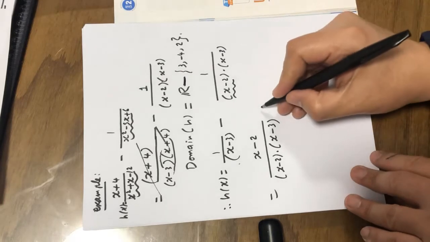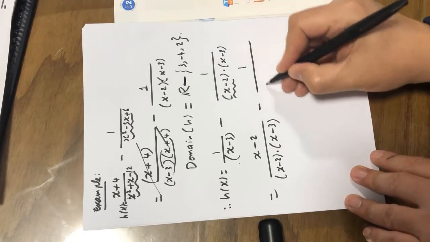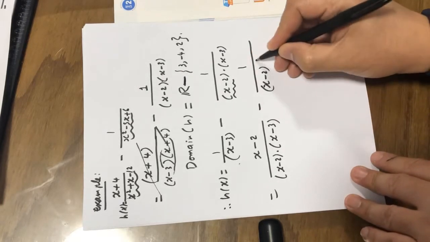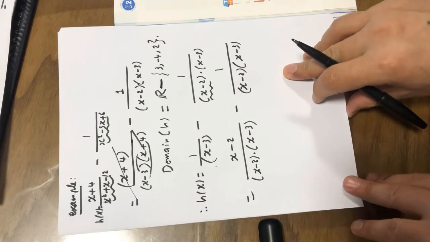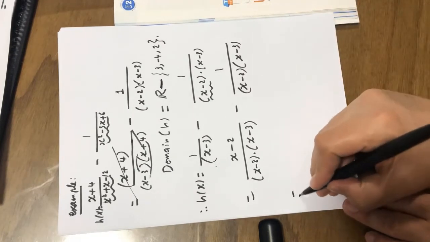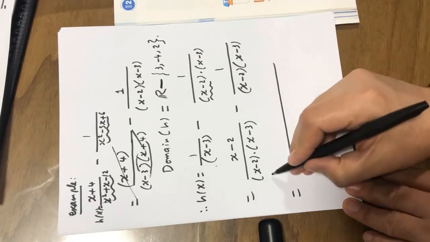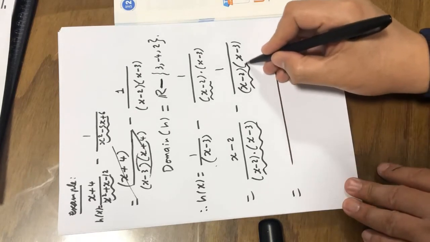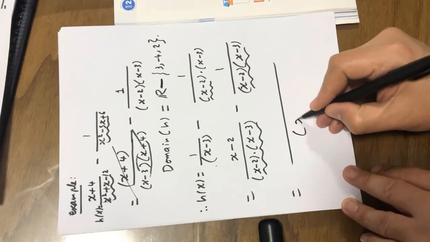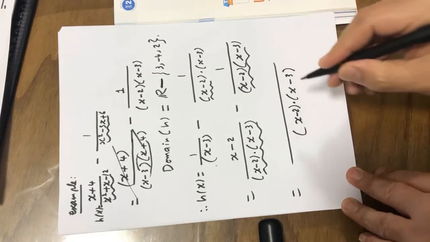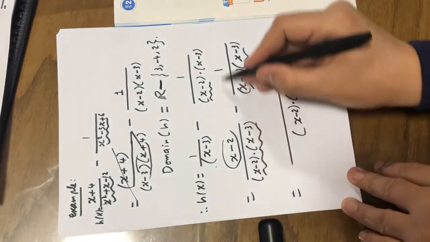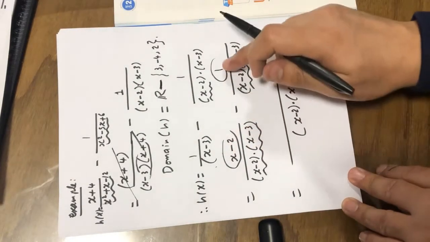Now we have the same denominator, x minus 2 times x minus 3. Now we write down the common denominator once in the resulting denominator, x minus 2 times x minus 3. And here we subtract the numerators, this one minus this one.